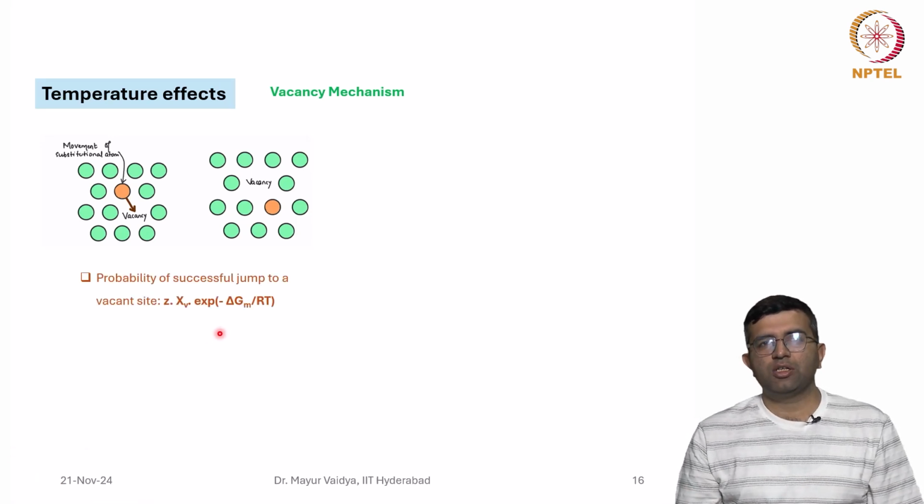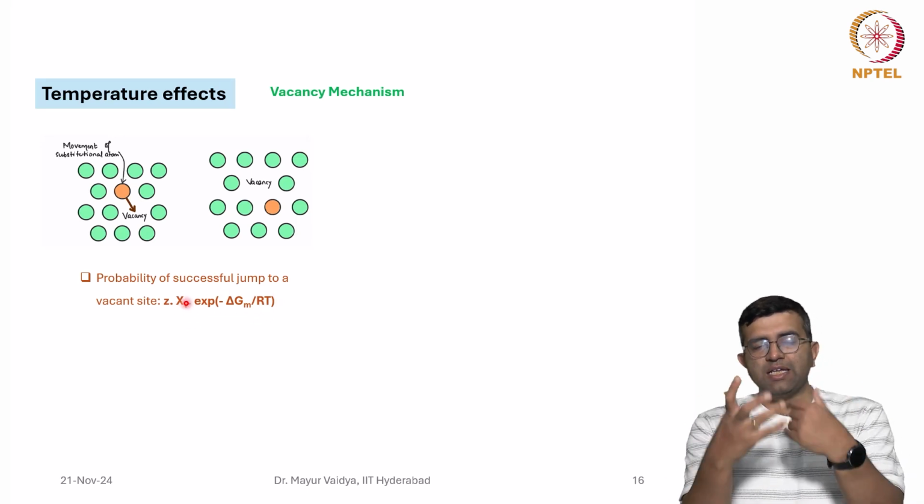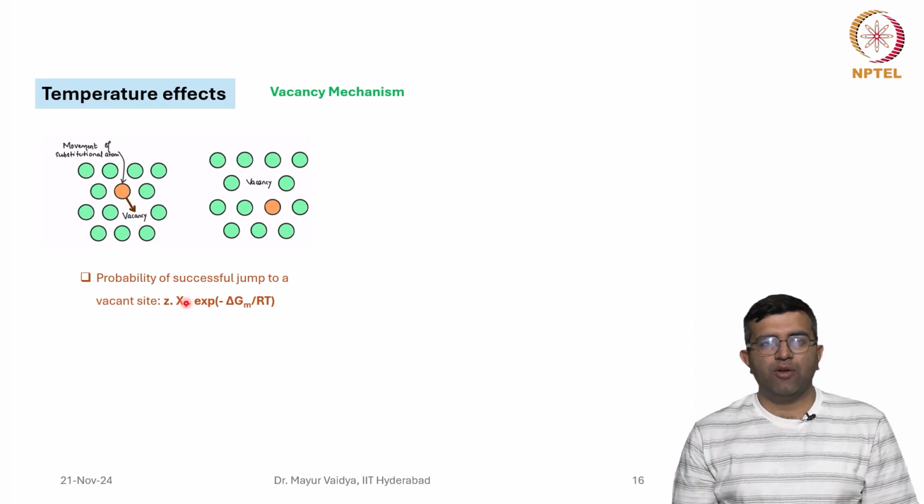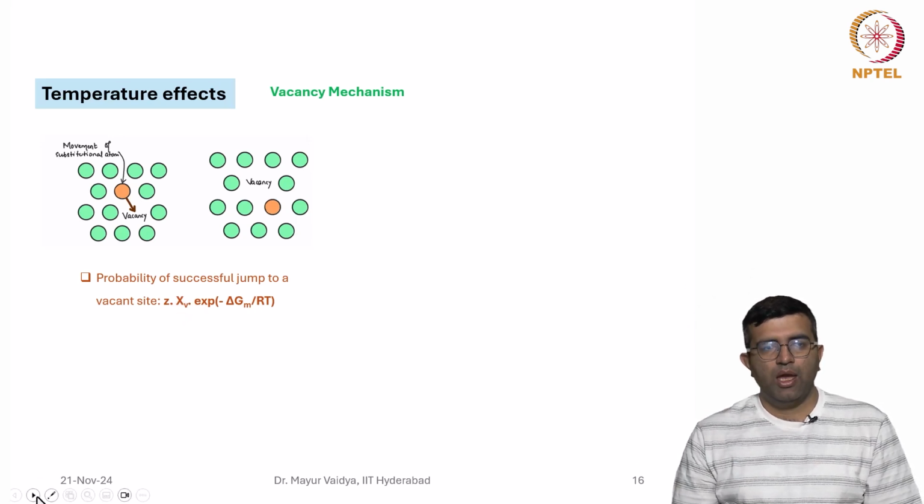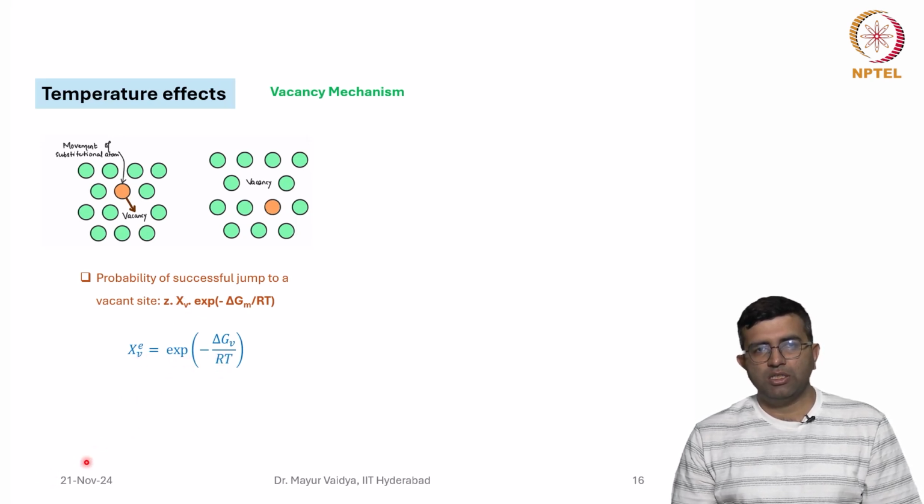here the additional term that comes into the picture is that the probability of successful jump to a vacant site not only depends on Z, not only depends on the migration barrier, but it also depends upon the XV, that is, whether there is a vacant site available or not. So the probability has this term XV also. And as we know, XV equilibrium is nothing but exponential minus delta GV by RT.